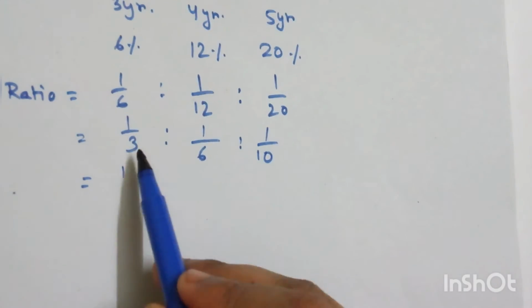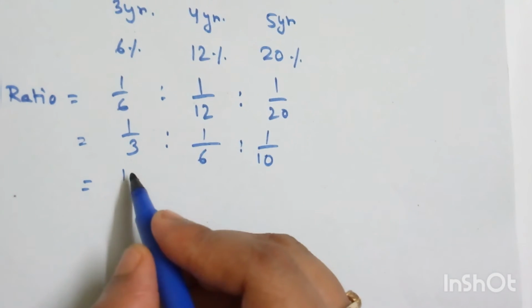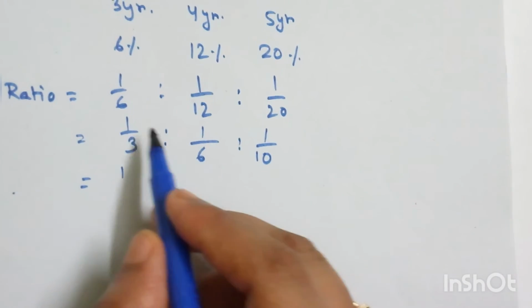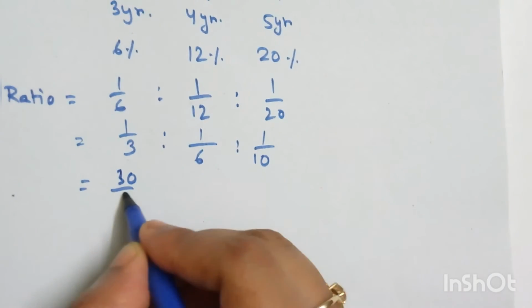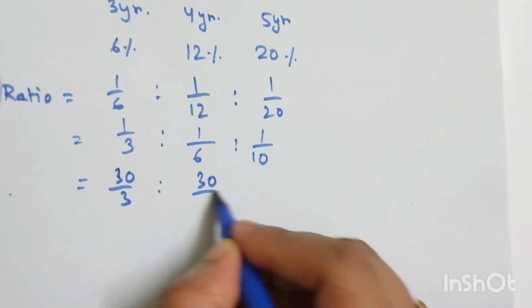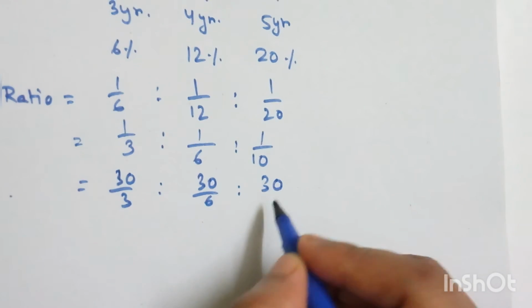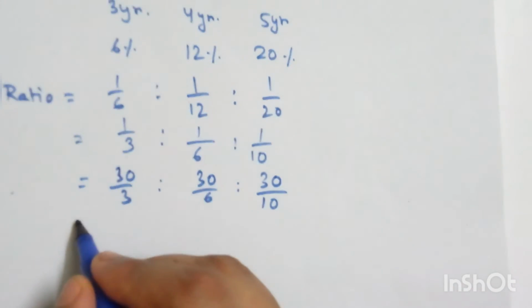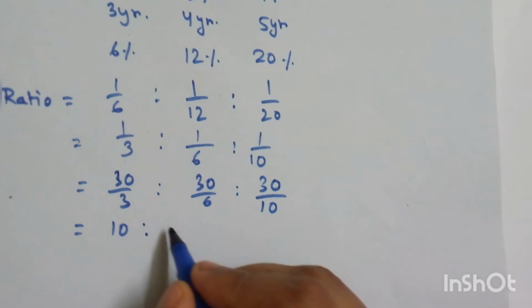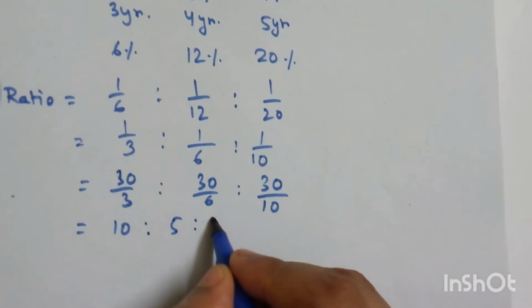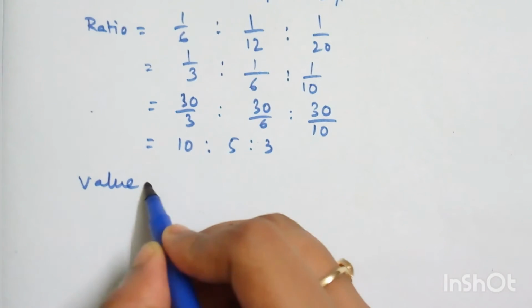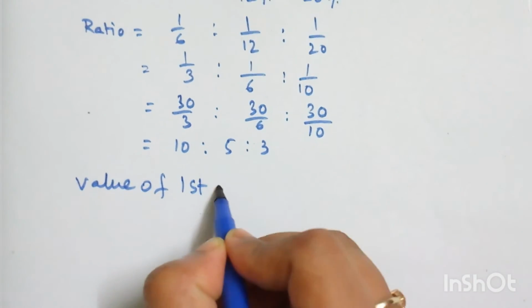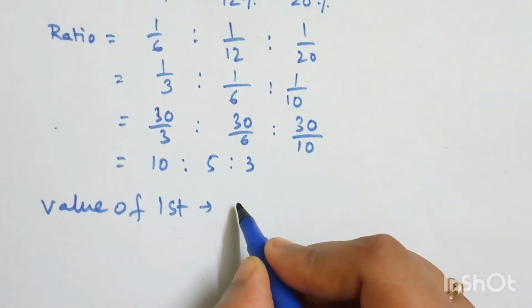So the LCM of 3, 6 and 10 will be 30. So multiply all these ratios with 30. So 30/3 : 30/6 : 30/10. So it will be 10:5:3.